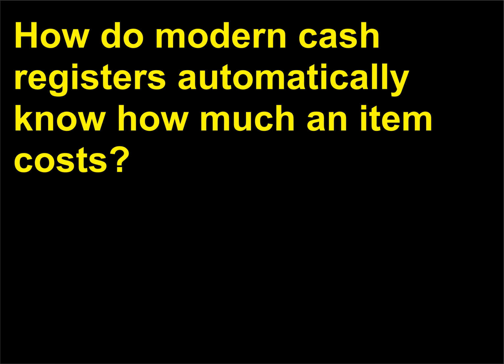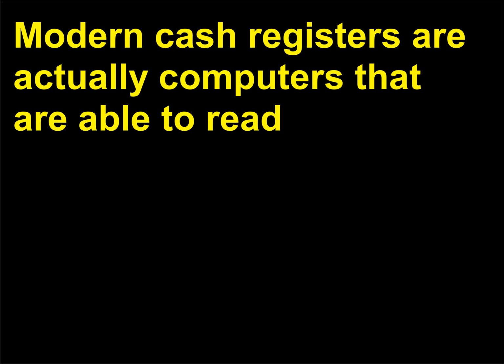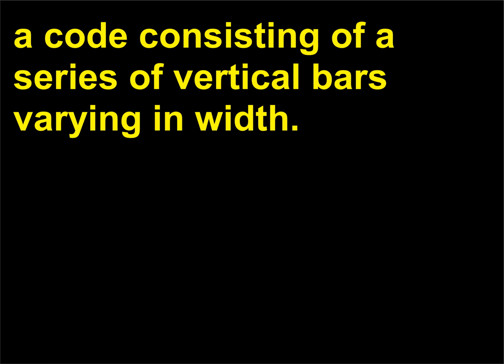How do modern cash registers automatically know how much an item costs? Modern cash registers are actually computers that are able to read a code consisting of a series of vertical bars varying in width.